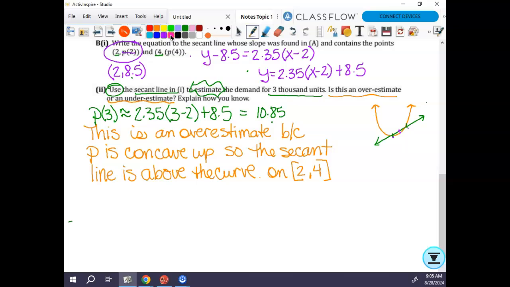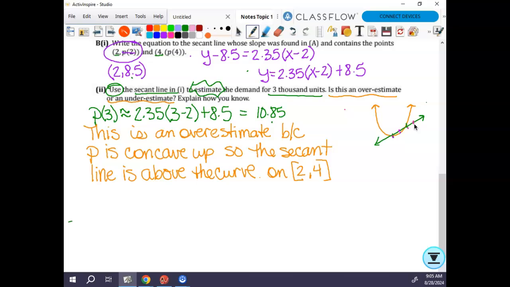Remember, this x value is 2, this one's 4, so from 2 to 4, that's when the secant line's above it. We estimated it at 3, that's why it's an overestimate. If I use this line to estimate at 5, is that going to be an overestimate or an underestimate? An underestimate because it's below the curve.